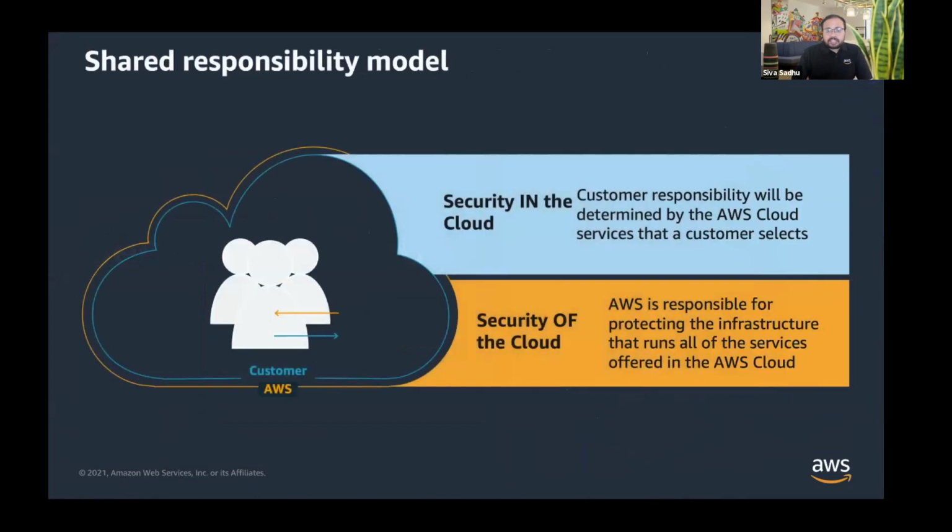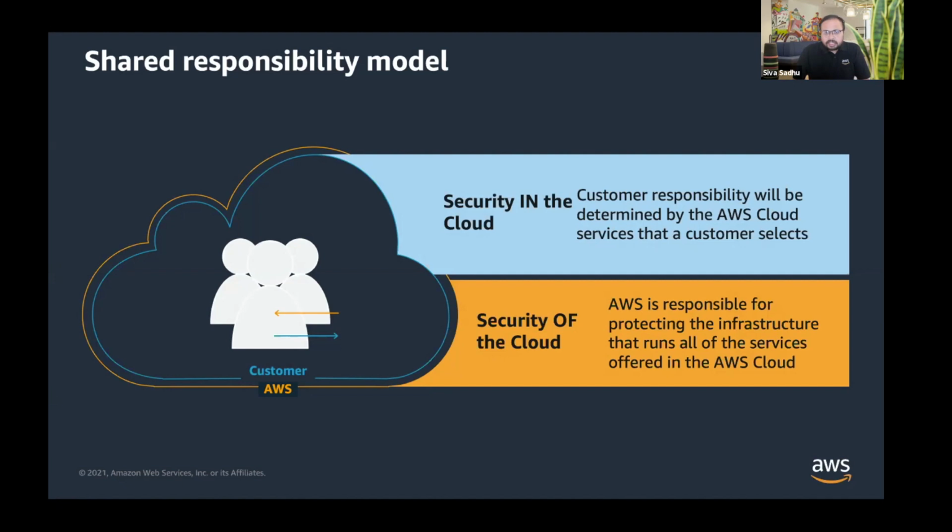I would like to emphasize the shared responsibility model here for a moment. We look after the security of the cloud and customers look after the security in the cloud. What do we mean by that? By security of the cloud, AWS is responsible for protecting the infrastructure that runs all of the services offered in the AWS cloud. This infrastructure is composed of the hardware, software, networking, and facilities that run the AWS cloud services.